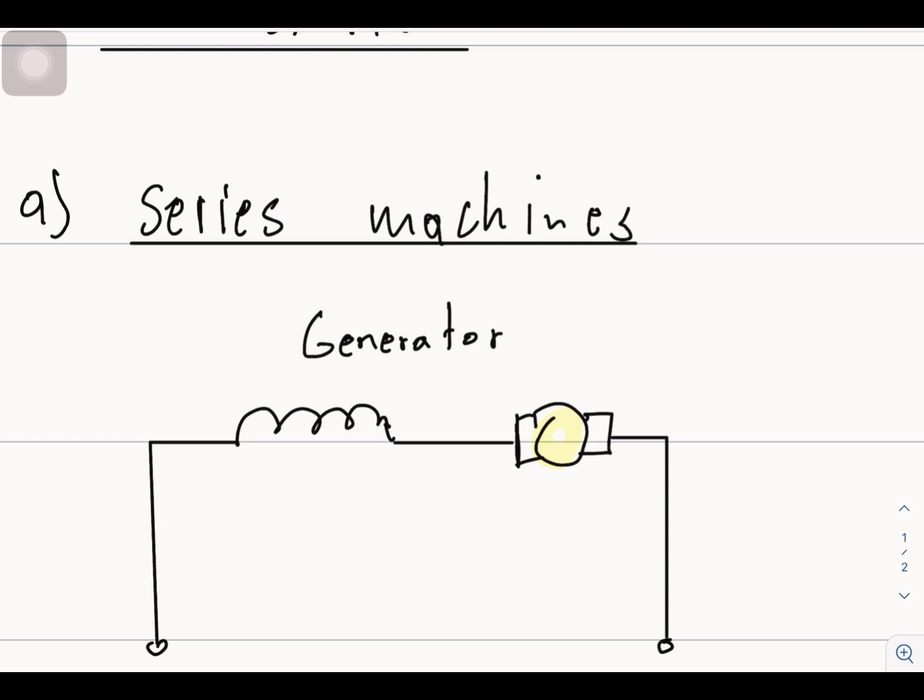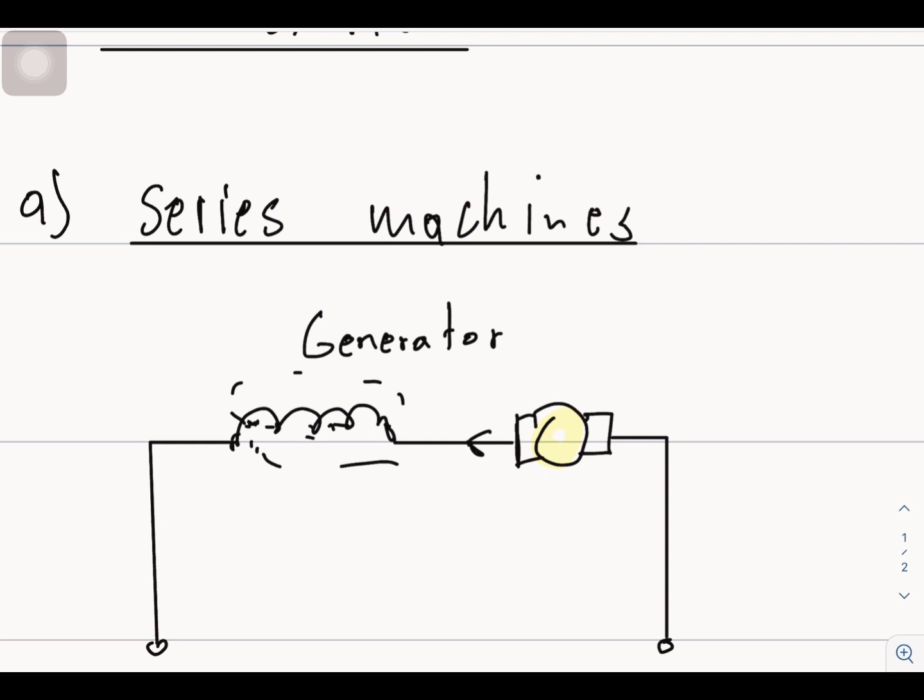We see that a current being generated by the armature is supplying the field winding so that it has a magnetic field. So this machine is basically exciting itself.